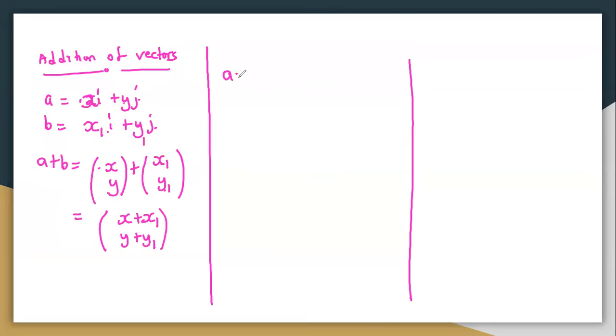The same thing happens in case we are working with three dimensions. Let me say you have 2i plus 3j plus 5k, and you have another vector b, which is 3i plus 5j plus 2k. Still, when you are adding, it is okay.